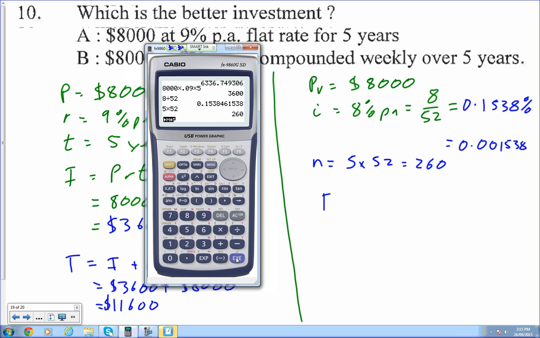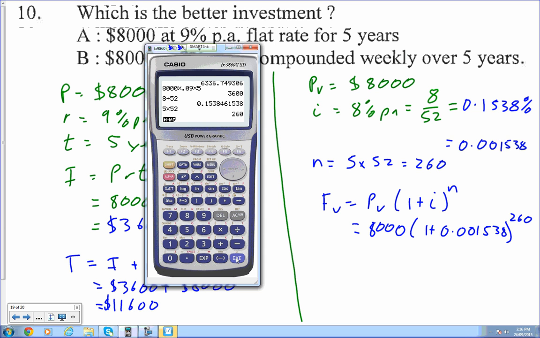So future value equals present value, 1 plus i to the n, so equals 8,000, 1 plus 0.001538 to the 260, so equals 80,000. No, hang on, let's scrub that.